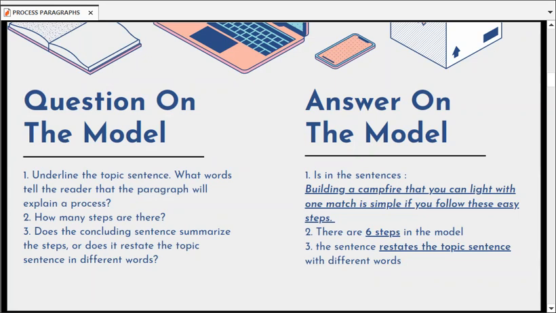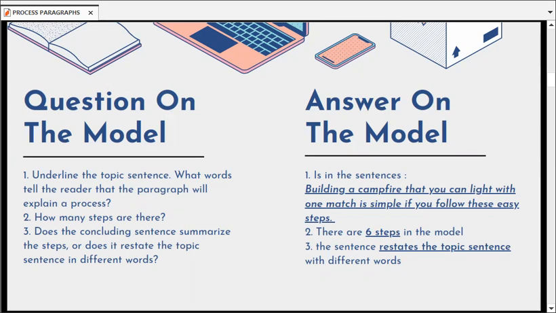Number 1, in the sentence, building a campfire that you can light with one match is simple if you follow these easy steps. Number 2, how many steps are there? Number 2, there are 6 steps in the model.